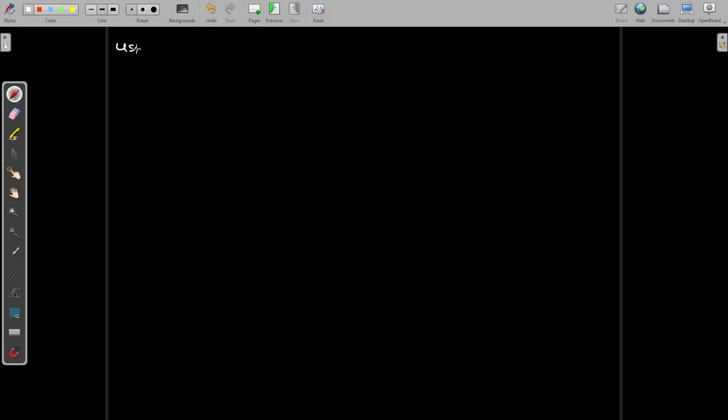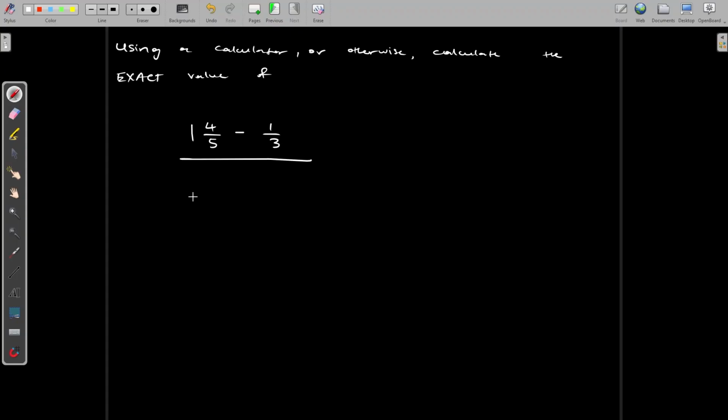This one says, using a calculator or otherwise, calculate: 1 and 4 over 5 minus 1 over 3, over 2 and 2 over 5.